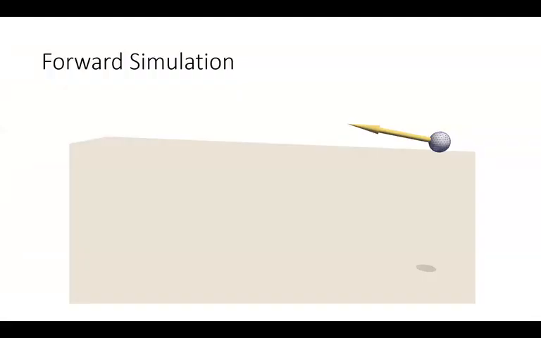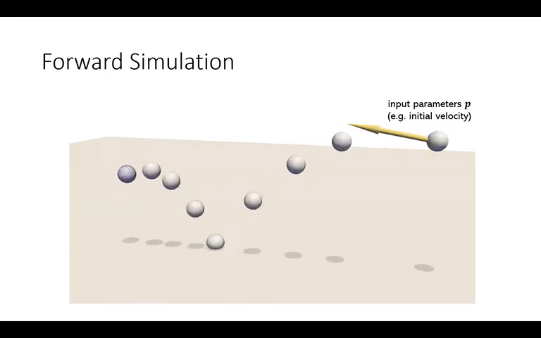Forward simulation, as I already mentioned, takes as input a description of the mechanical system we're modeling, as well as a set of parameters, we're going to call these P, which for this particular problem would represent the initial velocity of the ball. Running the simulation gives us a motion trajectory for this mechanical system, and we're going to call this x of p.